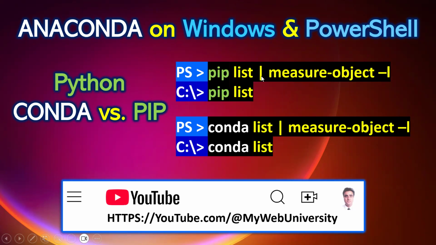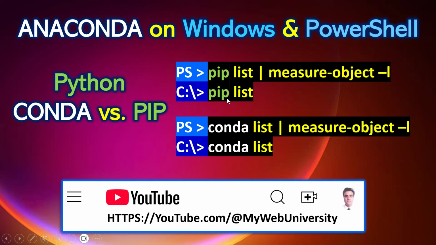So you could say pip list piped to measure -l. If you don't provide the -l, then by default it gives you a long listing of the number of lines, words, characters and all those details. And you can replace the -l with -c, for example, for characters, and -w for words.